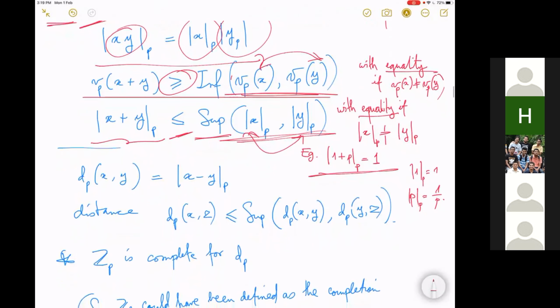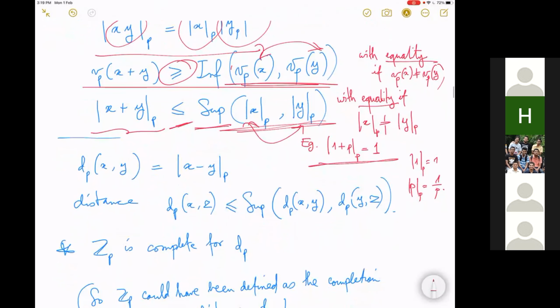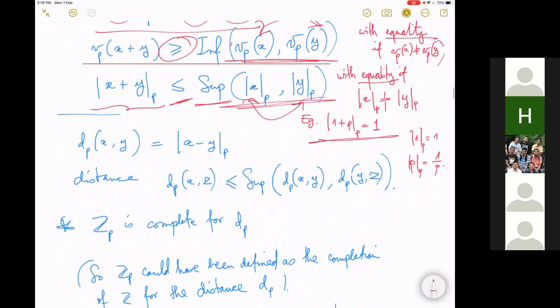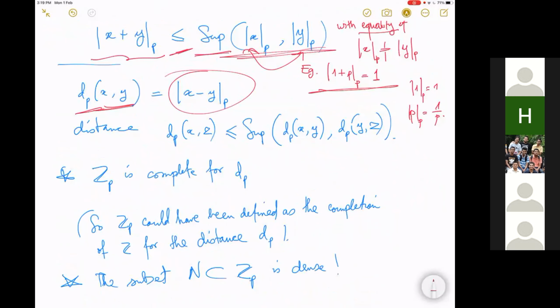Now this absolute value allows you to define the p-adic distance between any two p-adic integers. You just take the absolute value of the difference of those two integers. And it's a distance in the sense that it satisfies the triangular inequality, and it's stronger than the triangular inequality. For a normal distance, the triangular inequality says that the distance from x to z is at most the distance from x to y plus the distance from y to z.